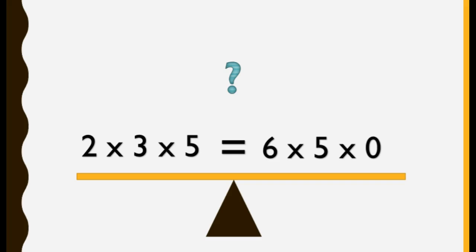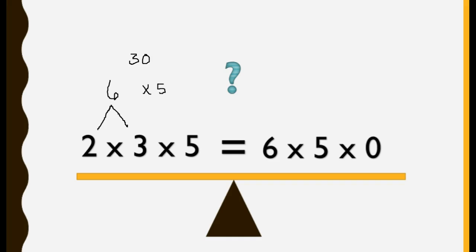Okay, so what happens if you have a 0? I'm noticing that sometimes students get these kind of questions wrong because they think 0 is nothing, and therefore, let's figure this out. 2 times 3 is 6, times 5 then would be 30.